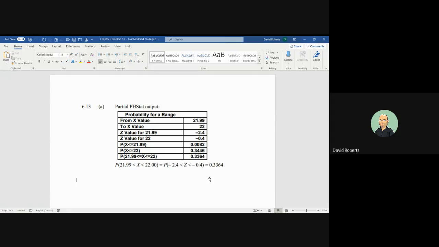The difference between the two is 0.3364. So 33.64% of the shafts will fit between 21.99 and 22.